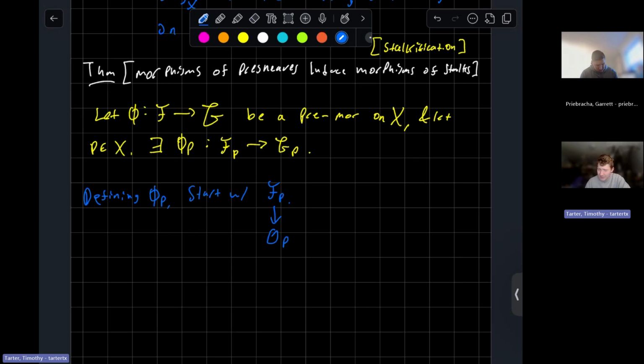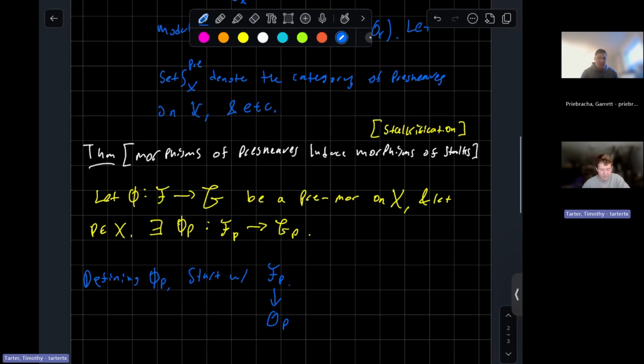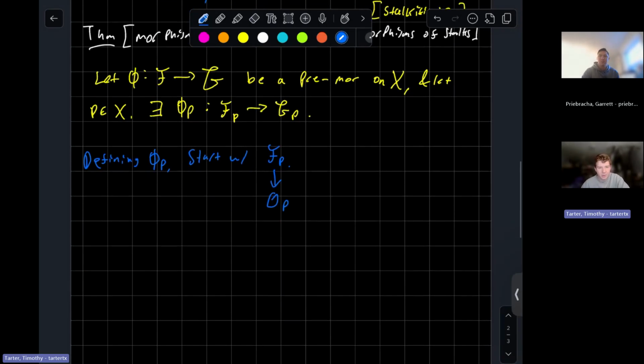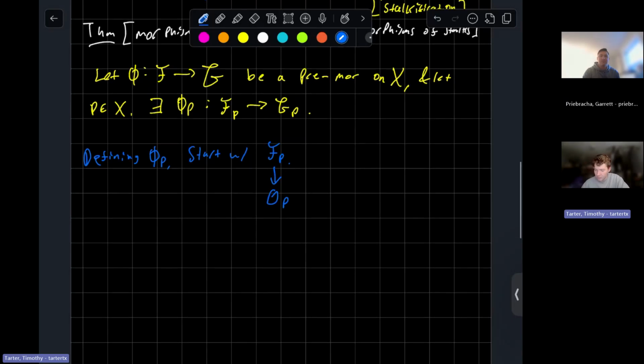Just to be clear, this is an exercise. I'm stating it as a theorem, but it's an exercise, hence my ambiguity.